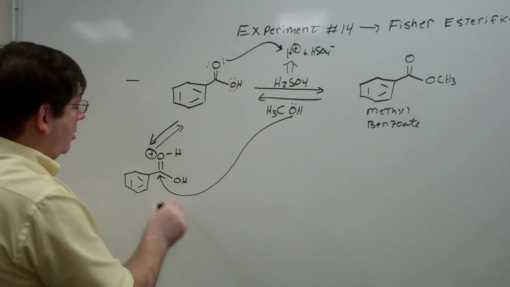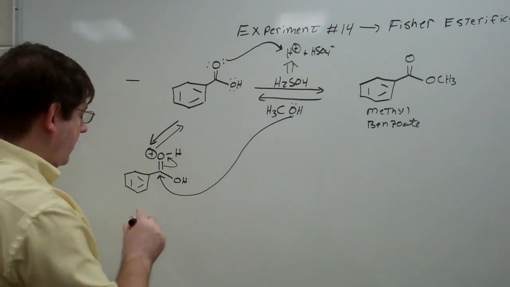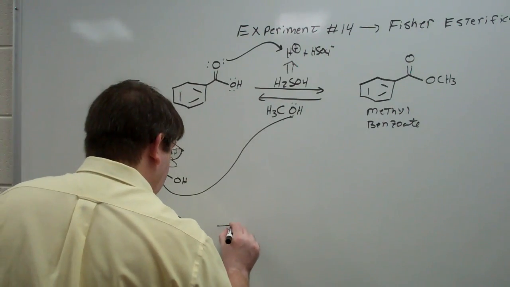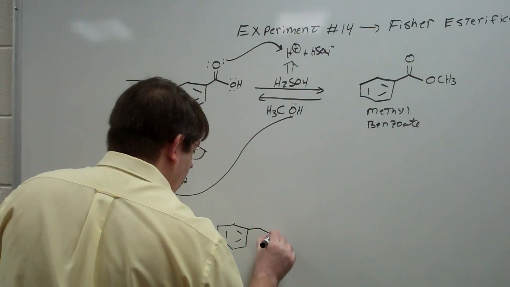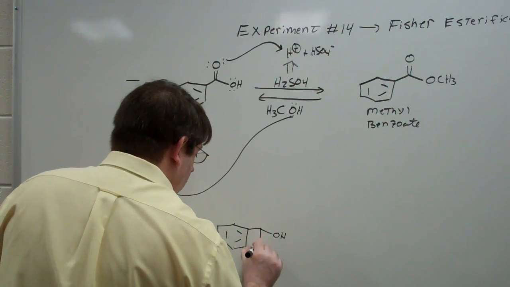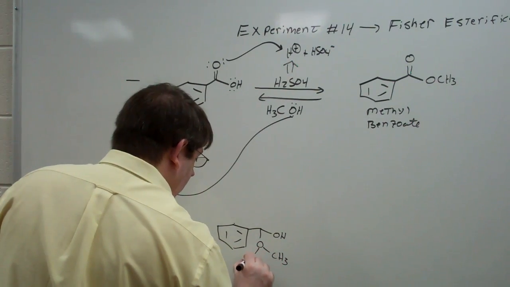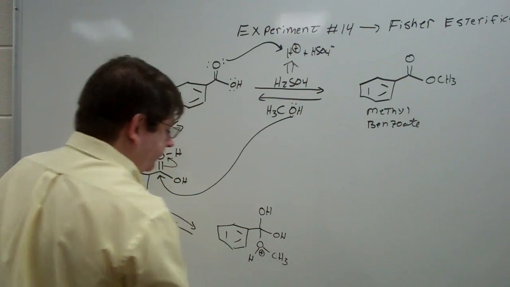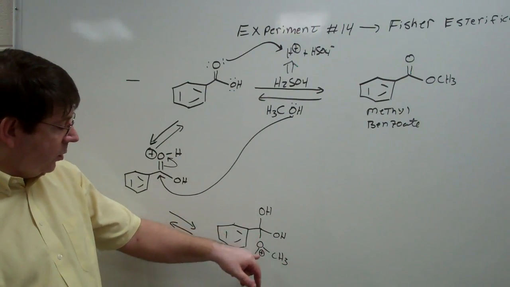The oxygen of the methanol can attack the carbon and break that weakened pi bond in such a manner that we generate our new carbon-oxygen bond that we need. And now we have a protonated ether, if you will.